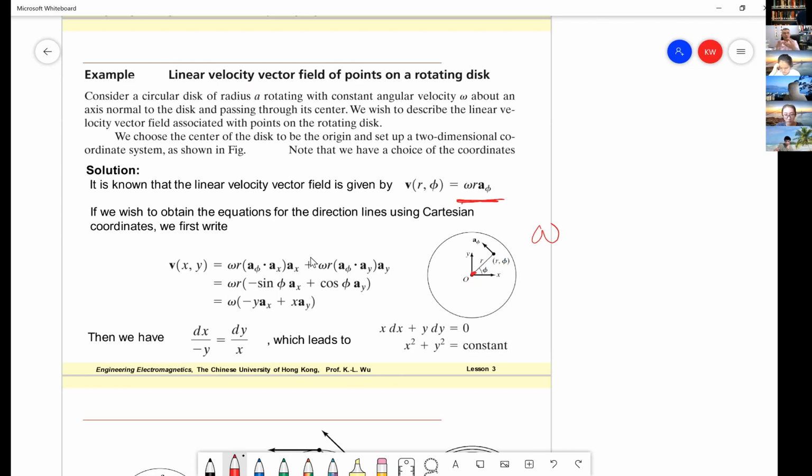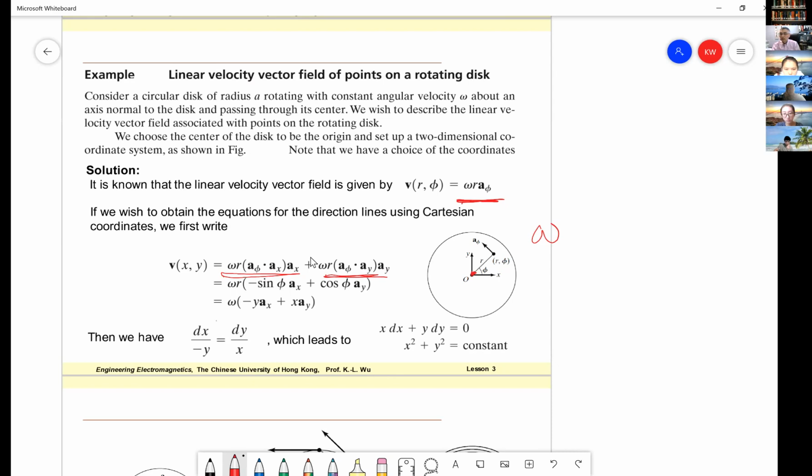Or you can find the dictionary, like an English to Chinese dictionary, to convert from the cylindrical coordinate system into the rectangular coordinate system. Or you can find your own way to take a projection.